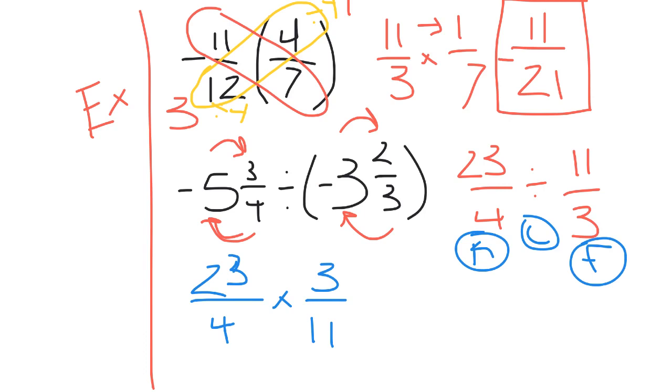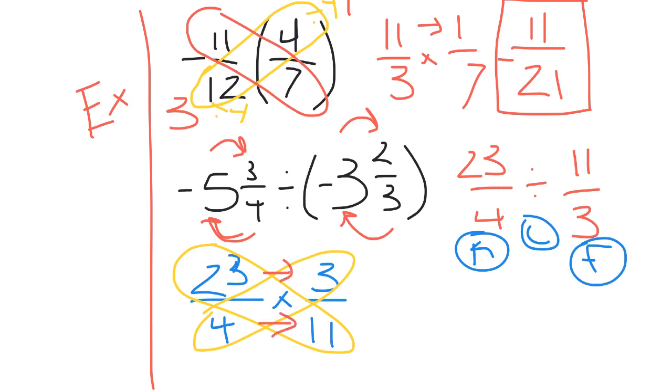I say, okay, 11, 22, so 11's not going to go into 23. I can't simplify those. And 3 and 4 aren't going to simplify either. So even though these are big numbers, and I tried to look across and see if I can simplify, they aren't going to simplify, and that's okay. I am just going to have to multiply straight across and skip that simplify step.